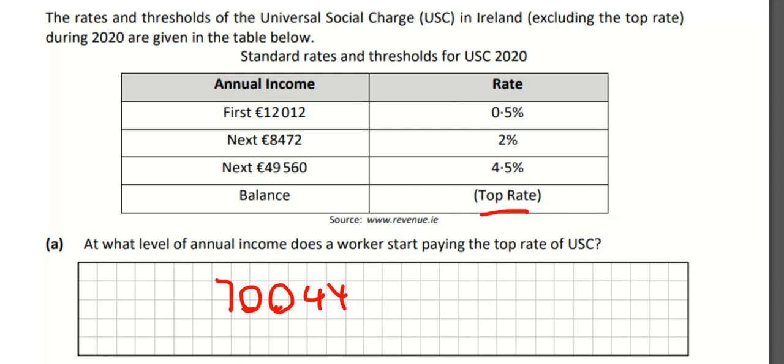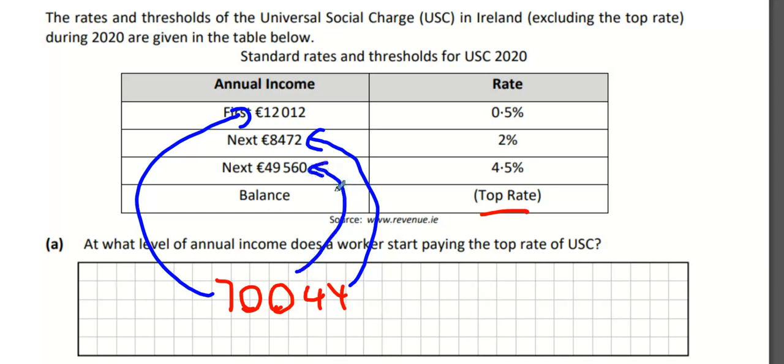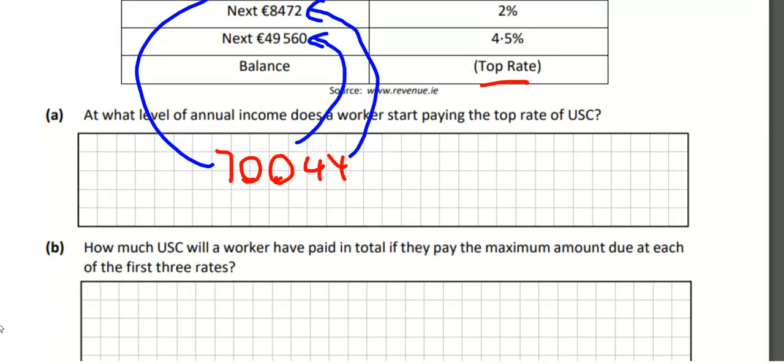Your 70,044 is broken up into your first 12,000, where you pay 0.5%, your next 8,472, where you pay 2%, and then it's broken down into the next 49,560, where you pay 4.5%. Is that okay? Now, is that what part B is?